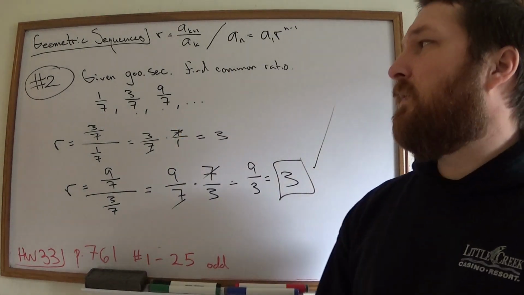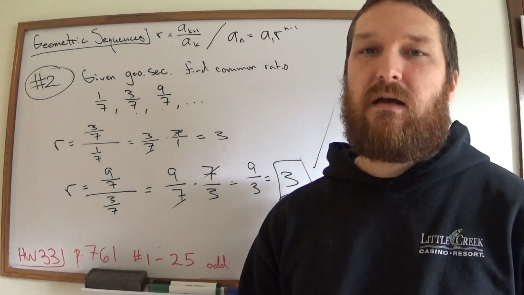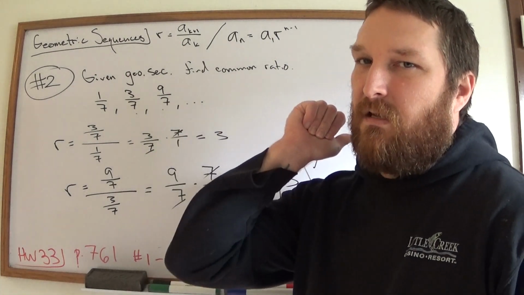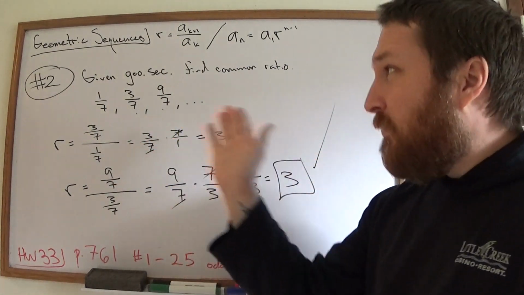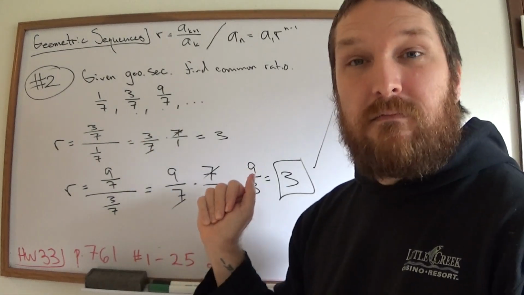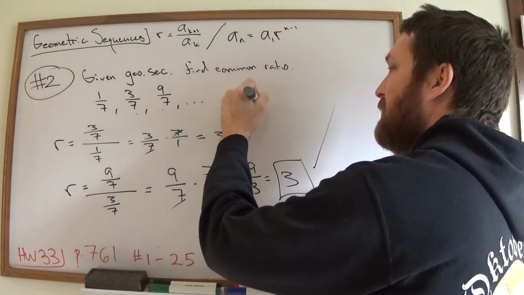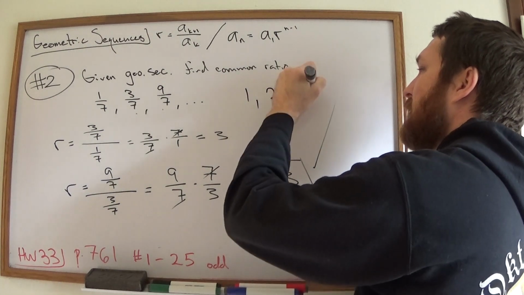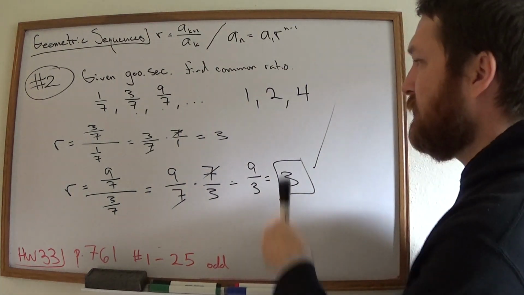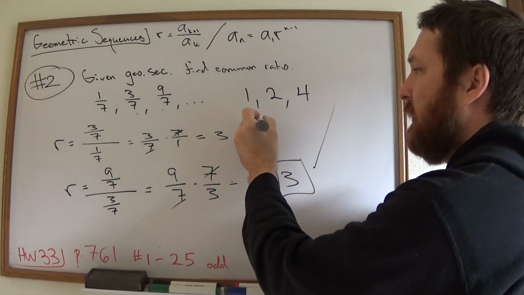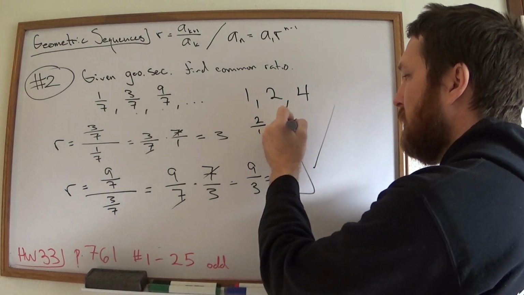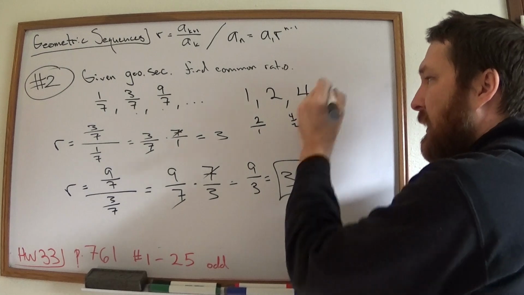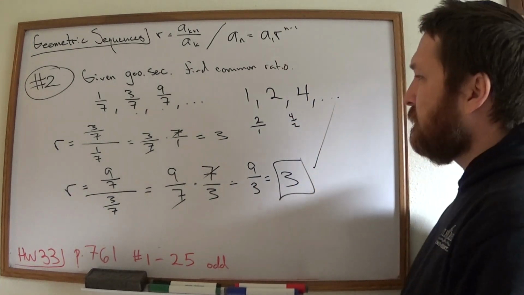And so if I give you a sequence on a quiz and say, is it geometric, is it arithmetic, or is it neither, you might want to check more than one, because if I gave you this, 1, 2, 4, and you just check one of them, 2 over 1 is 2, 4 over 2 is 2, then that looks like a geometric sequence.